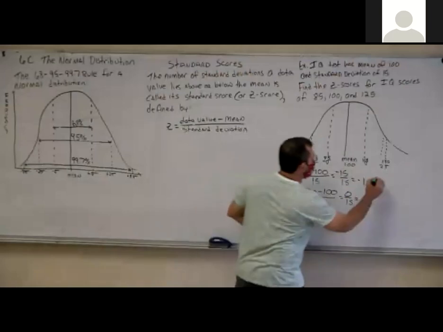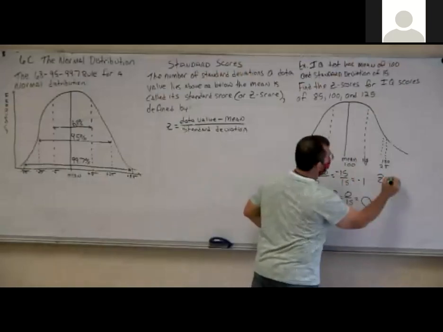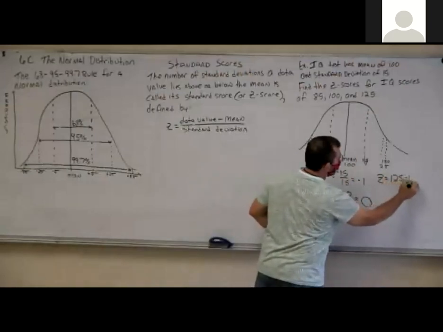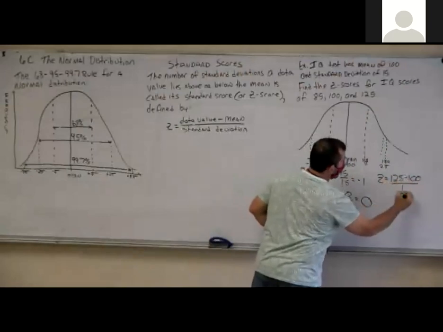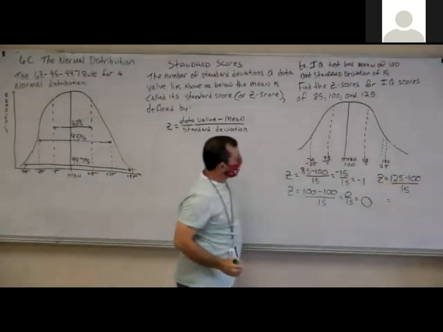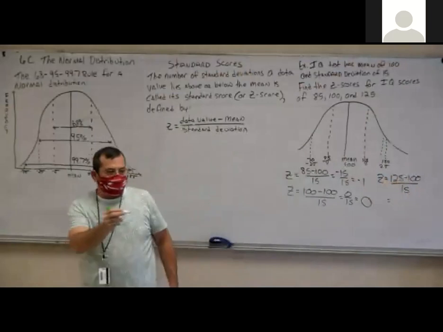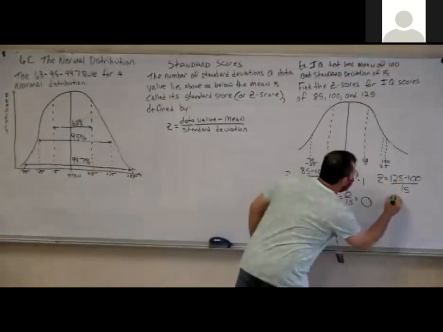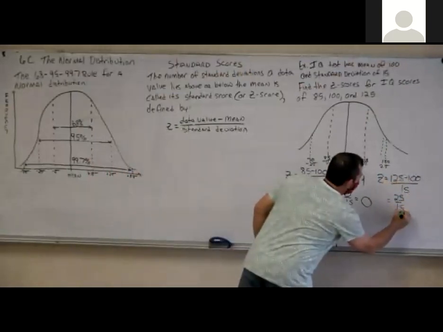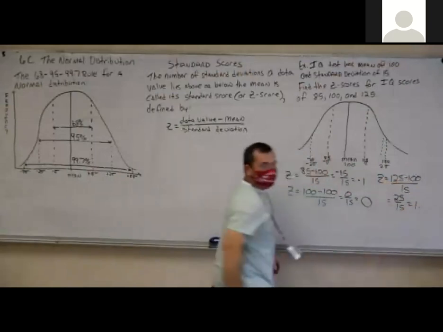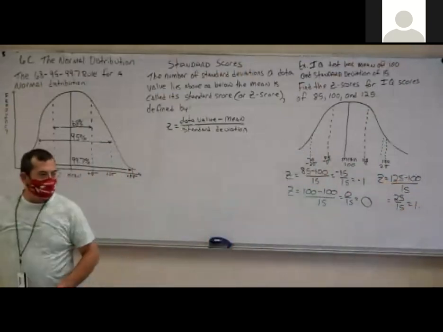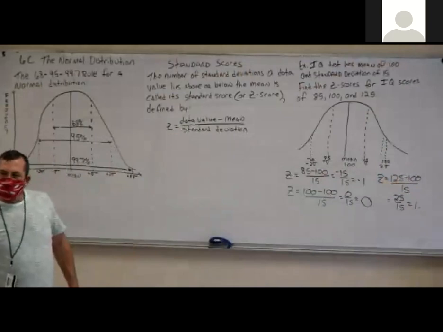So we're going to have z equals 125 minus 100 over 15. So whatever 25 divided by 15 gives us. That should be 1 point something. You should put 1.66666. That's it.